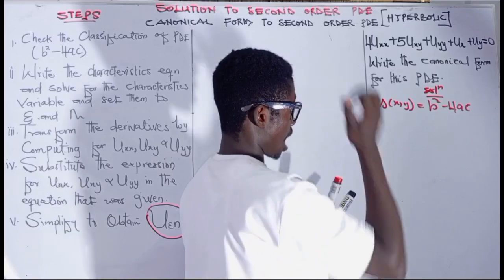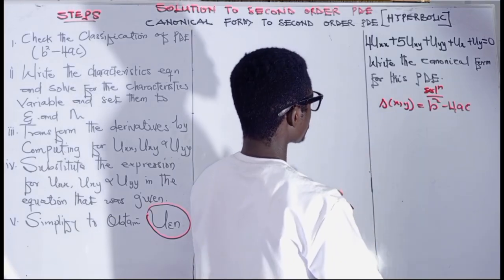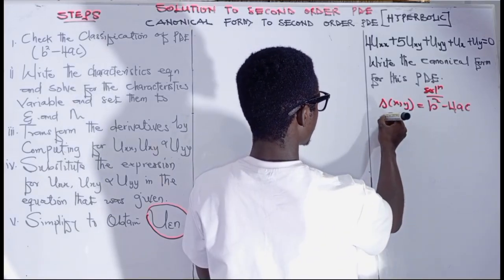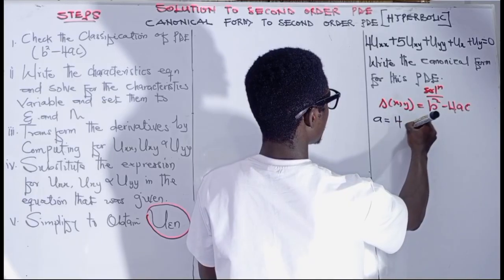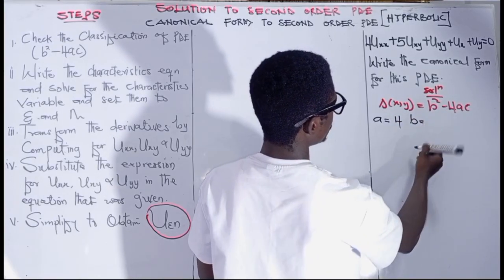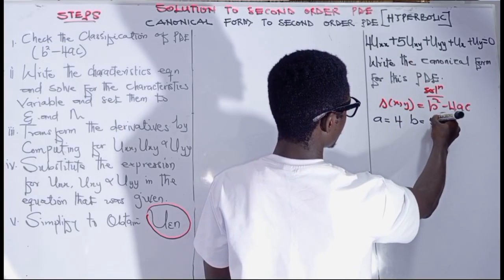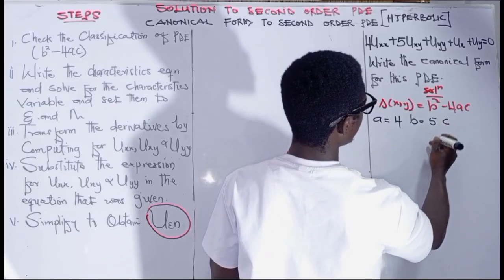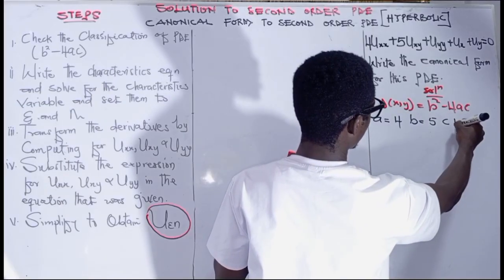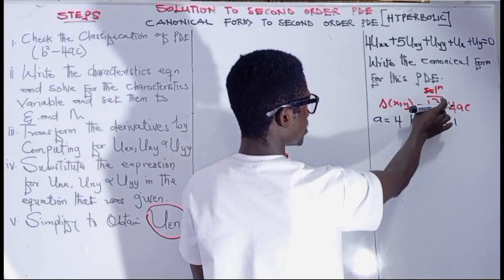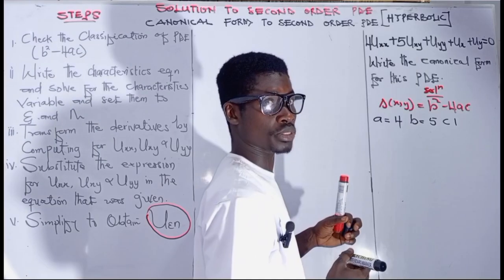Our a is the coefficient of uxx, so we have 4, our b is the coefficient of uxy, that is 5, and our c is the coefficient of uyy, and that is 1. We are going to plug this into the discriminant.